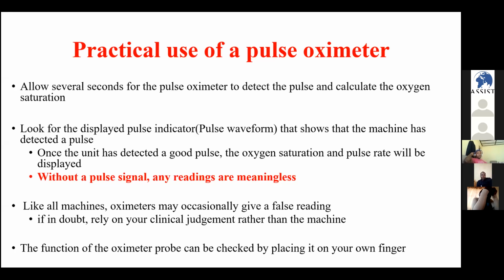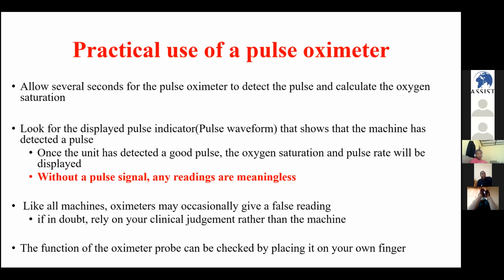Here, the common scenario is when you are attending a CPR session where a patient is receiving chest compressions. Sometimes you get readings of oxygen saturation, but the signal of the pulse is absent.